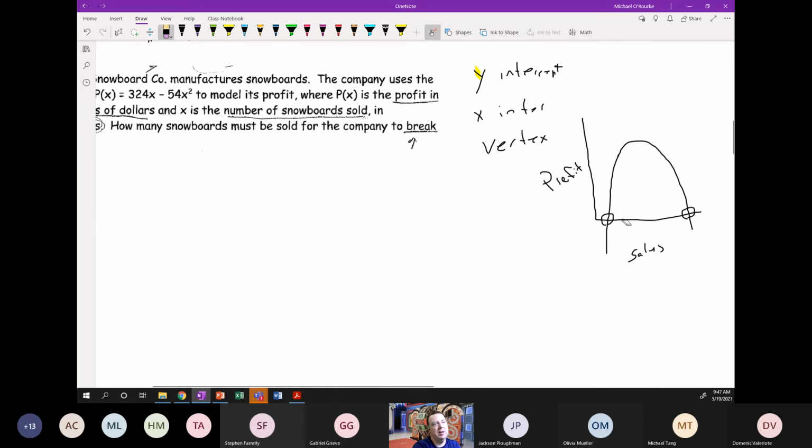So break-even points are the low part and the high part. So we're looking for our x-intercepts again.